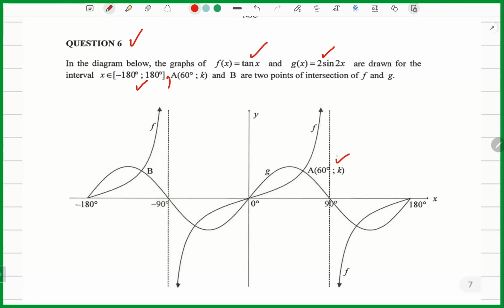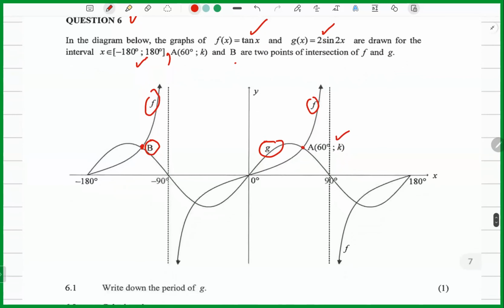A and B are 2 points of intersection of f and g. So we have the points A and B. There's a point A where f and g intersect, and there's this point B where the functions meet there.